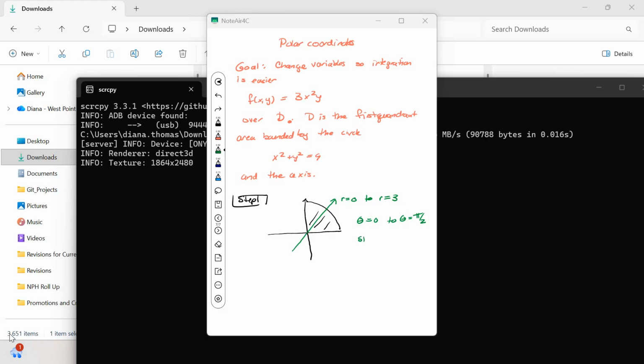So step 2, rethink the shape in terms of r and theta.